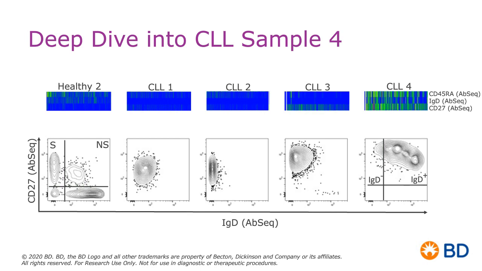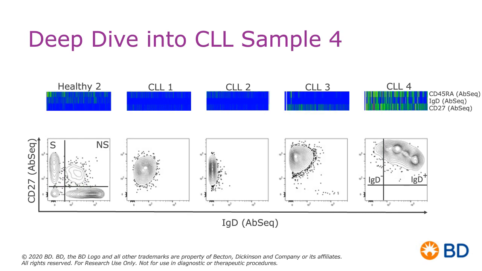And then I can apply that same gating criteria and strategy across all of my CLL samples, CLL 1, 2, 3. Of course, when we look at CLL4, now it's even more clear and distinct that there's something going on with this particular CLL sample.